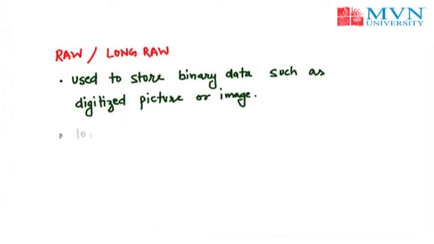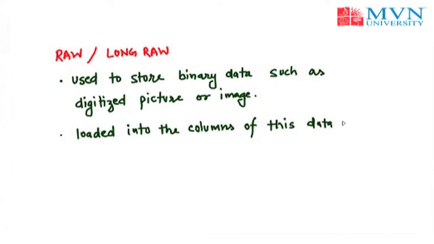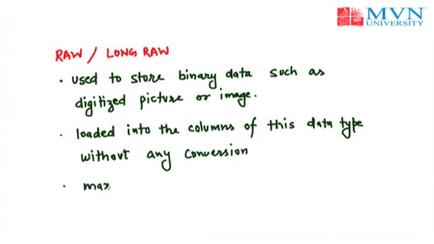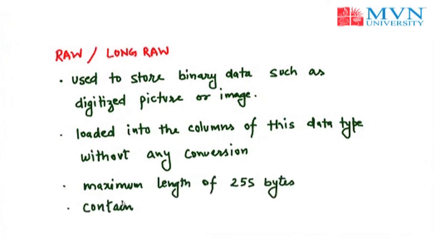The data is loaded into the columns of this data type without any conversion. It can have a maximum length of 255 bytes. It can contain up to 2 GB of data.